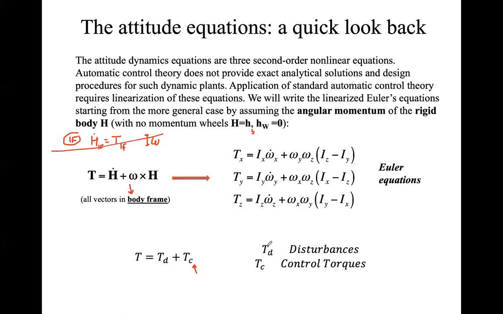That could be, for example, the drag, so everything that can perturb the spacecraft orientation. For the beginning, we are assuming that both are zero. We're assuming that the spacecraft is orbiting around the Earth without any perturbation and control.